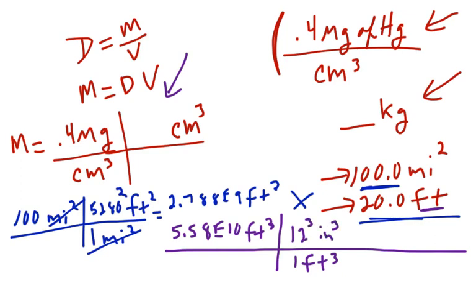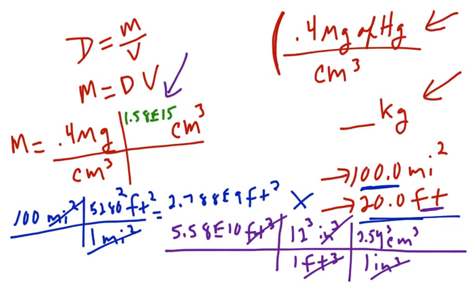If I convert this to inches cubed, for my feet cubed to cancel out, I've got to cube that number, 12. 1 cubic inch would be how many cubic centimeters? Well, it'd be 2.54 centimeters cubed, so inches cubed cancel out. And if I do the math on there, I'll have my volume in centimeters cubed, and that ends up being like 1.58, keeping my 3 sig figs, E15 centimeters cubed.